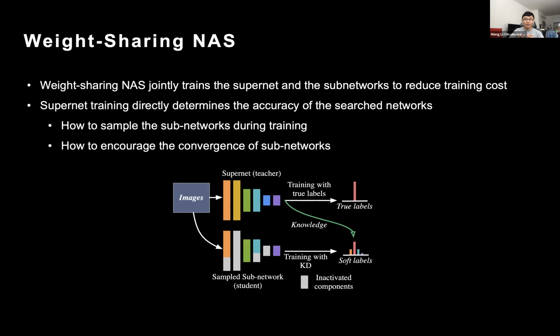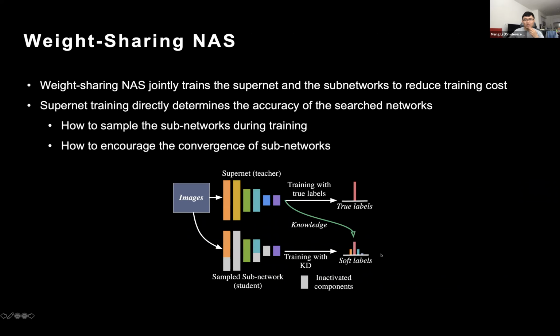To help with the convergence of the subnetworks, instead of using the cross-entropy loss to supervise the subnetworks, the knowledge distillation loss is used. Essentially, the soft labels from the teacher will be used to supervise the subnetworks to make the convergence easier. And the model parameters are updated based on both the cross-entropy loss from the supernet as well as the knowledge distillation loss from the subnetworks.